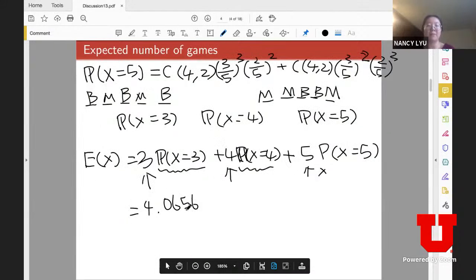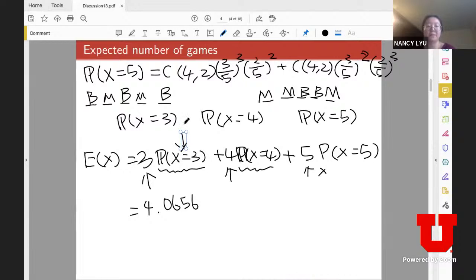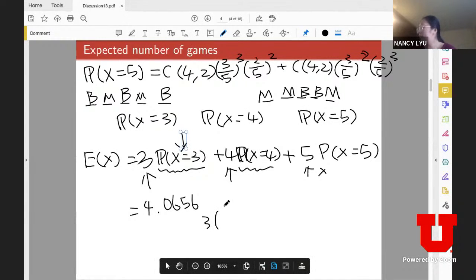I basically just compute each of these and substitute that in, where you have 3 times this and plus 4 times the probability of that.